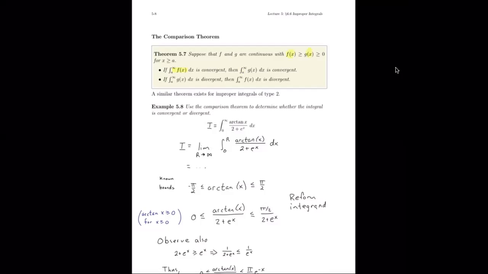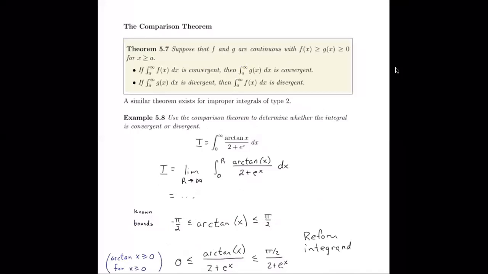So without proving this theorem, we can kind of see that, of course, the area underneath this curve, if it's finite, that's what this convergence means, then the area underneath this integral must be finite as well, because g of x is less than or equal to f of x. So that's the gist of the proof of that theorem without actually getting into the proof.